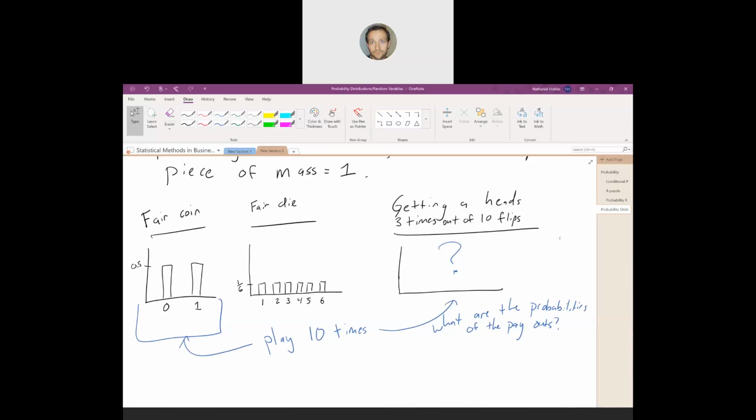And if I call heads, it pays me $1. If it's tails, I get nothing. So now I want to try to see what could I expect as far as earnings for different scenarios.